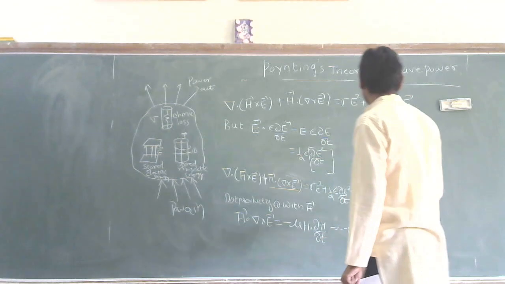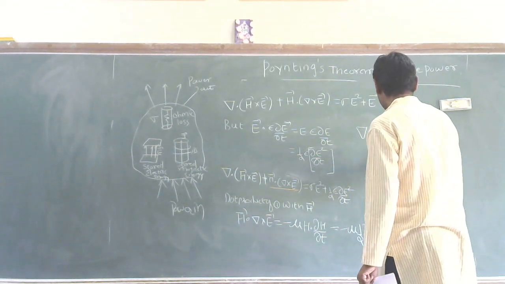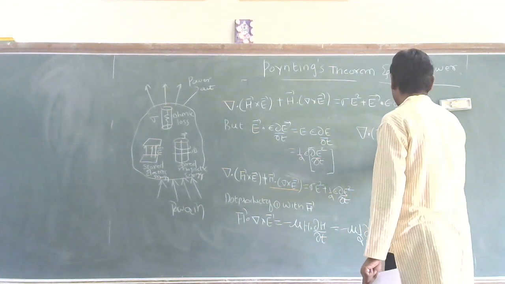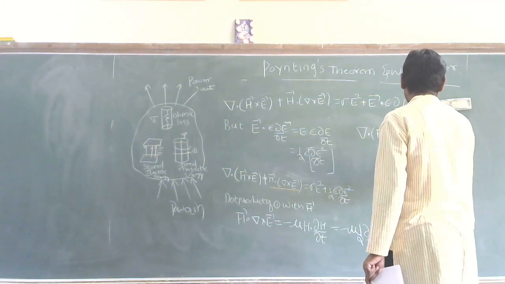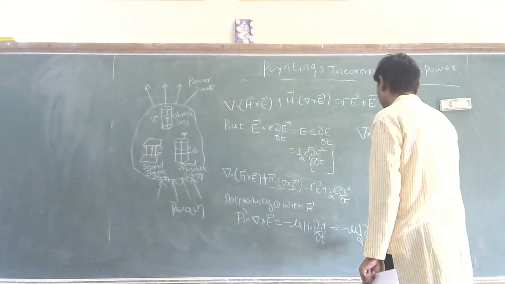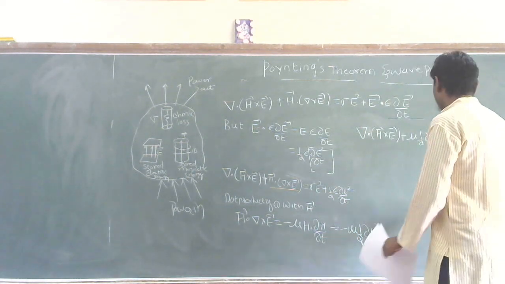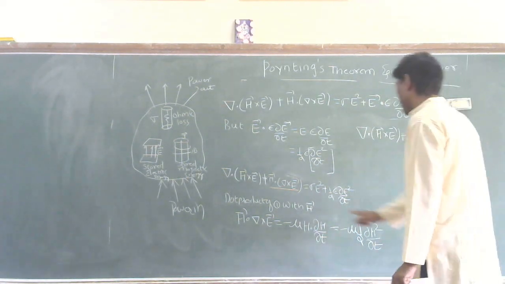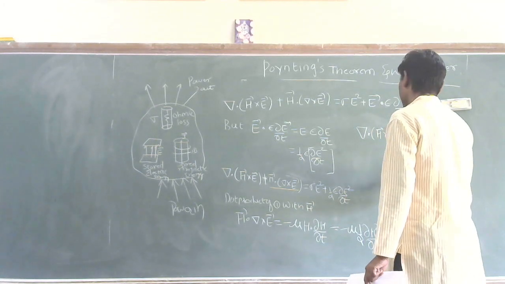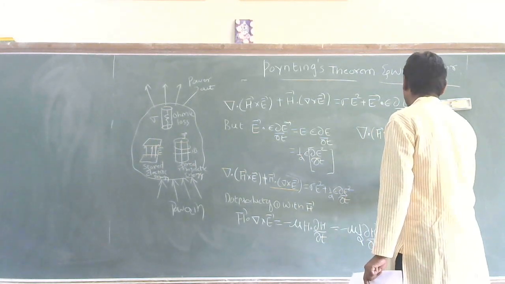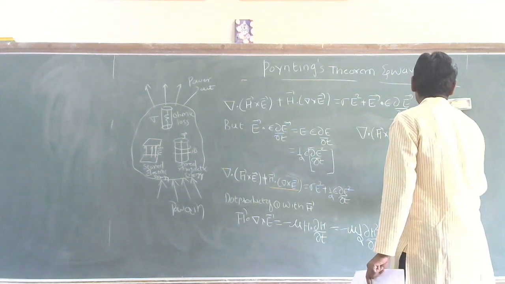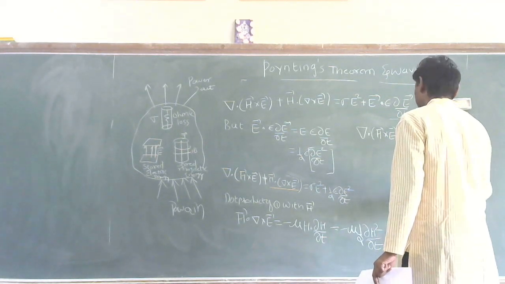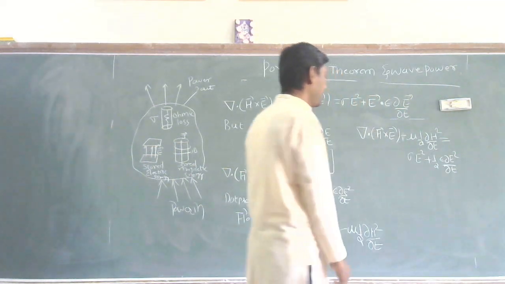So with this substitution, it is plus minus mu 1 by 2 dou H square by dou t, which is equal to what we have here, that is sigma E square plus 1 by 2 epsilon dou E square by dou t.